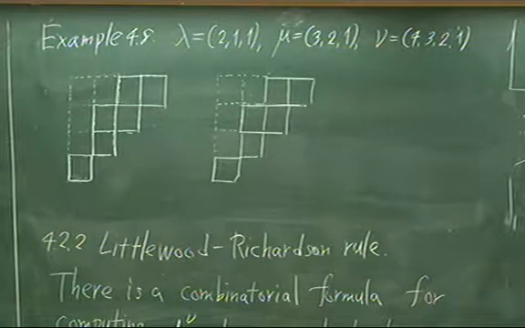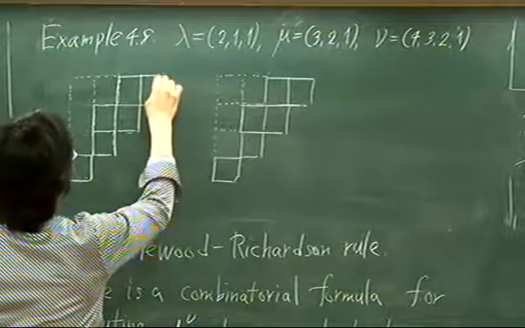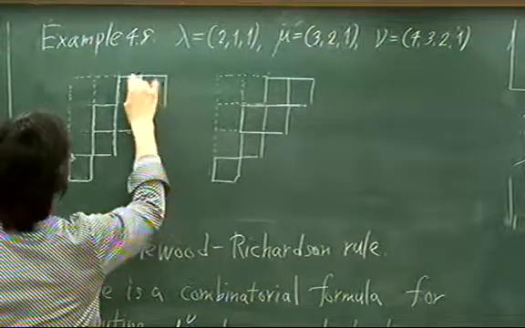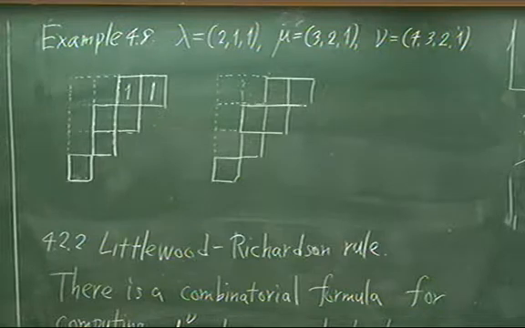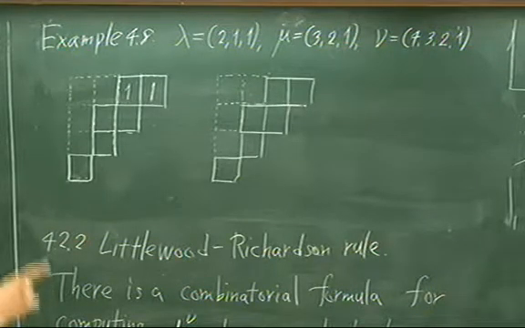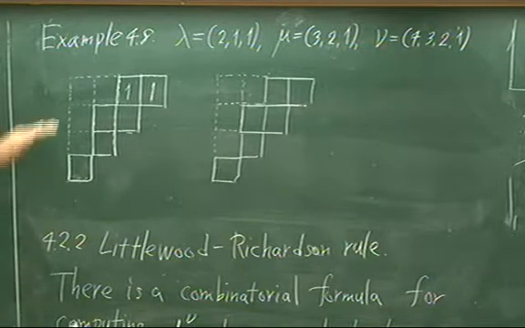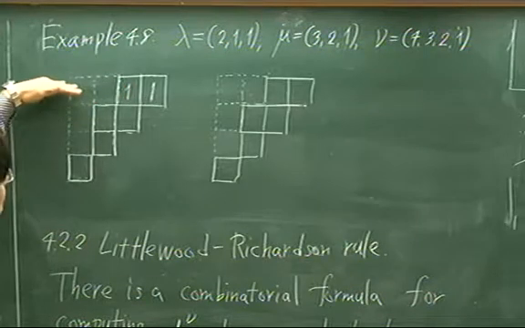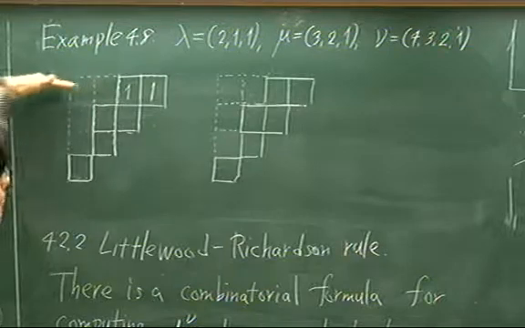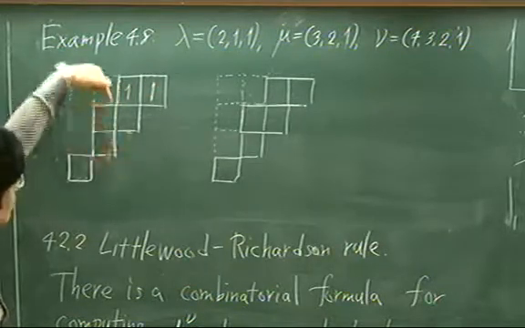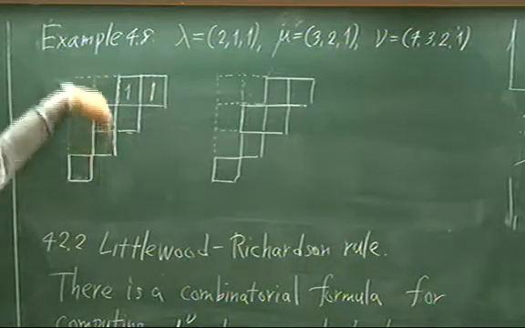So, for example, the tableau is... the numbers are weakly increasing in each row and strictly increasing in each column.